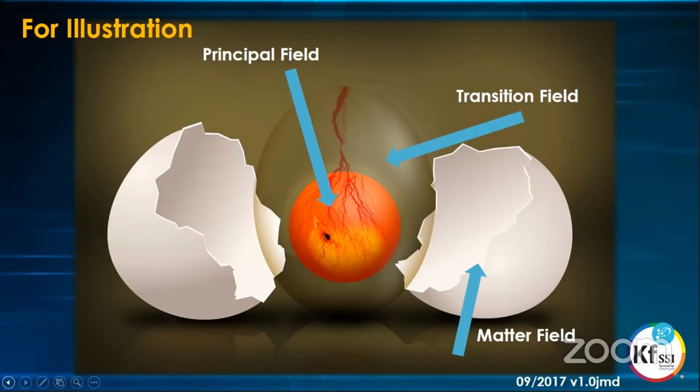What you see here is the percentage of the so-called matter field, which is the shell, which is solid. And the rest inside, the 99%, is in a different state of matter. So in the universe you have eggs within eggs within eggs. Only the outer boundary manifests matter as we know it, that which we can touch, smell or taste.